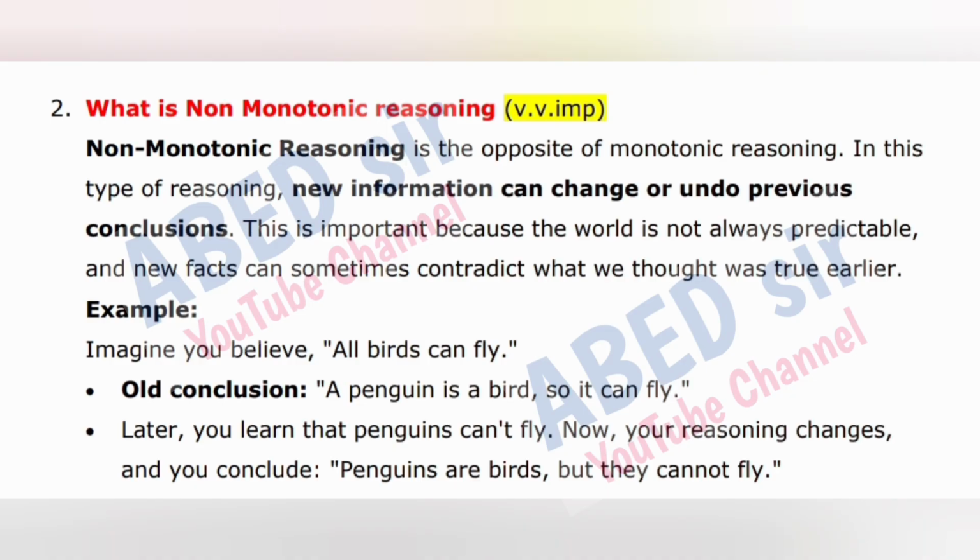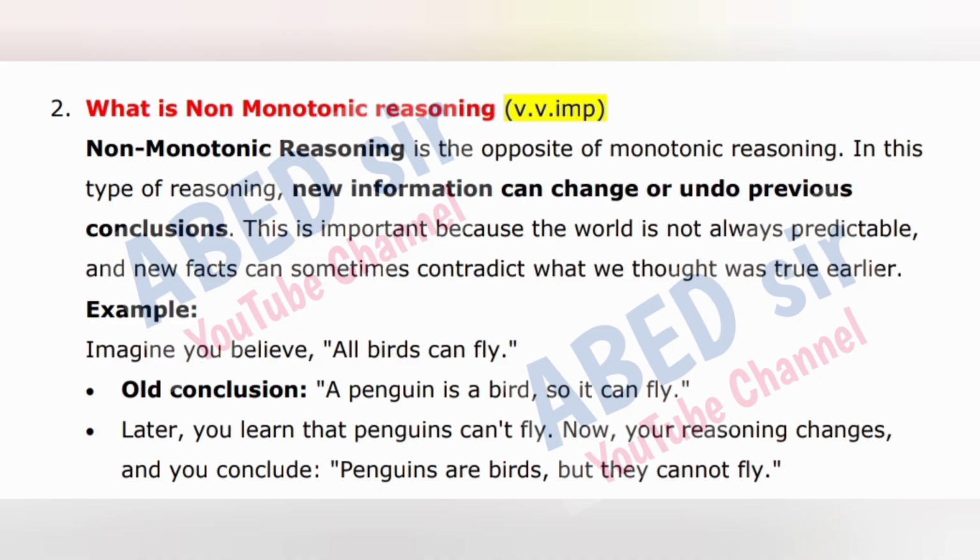What is non-monotonic reasoning? Non-monotonic reasoning is the opposite of monotonic reasoning. In this type of reasoning, new information can change or undo previous conclusions. This is important because the world is not always predictable, and new facts can sometimes contradict what we thought was true earlier.